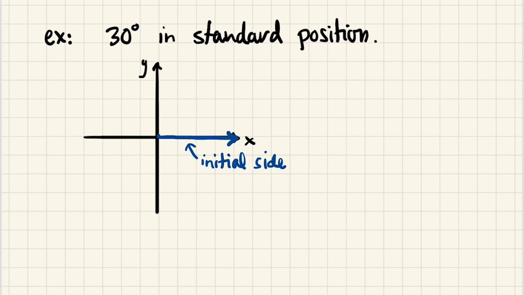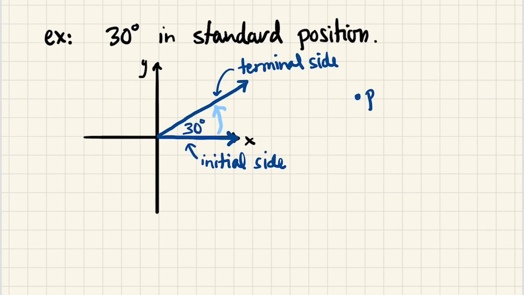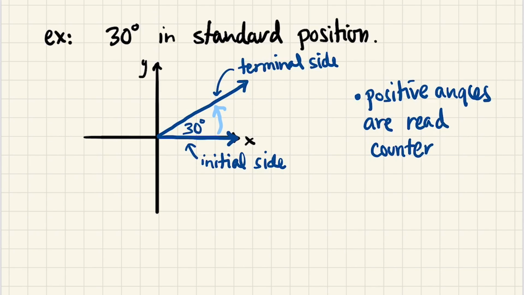So that would swing us up this way. And there's our 30 degrees, which is read counterclockwise from the initial side to the terminal side. Positive angles are read counterclockwise. And in contrast, negative angles are read clockwise.